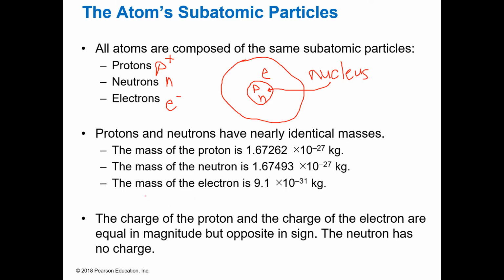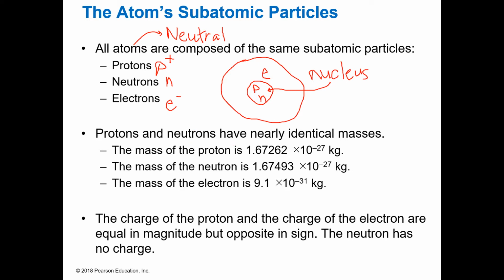Now, one thing about atoms overall: they are neutral. That means in a given atom, you're going to have the same number of protons as you do electrons. They should balance out, so you get a neutral atom.